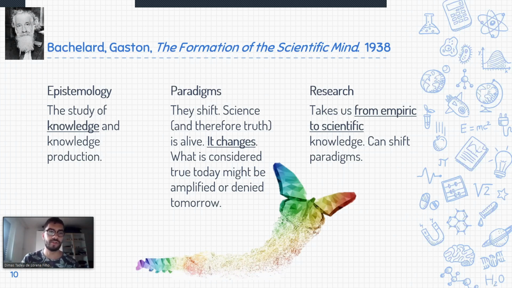So what is considered true today might be amplified or even denied tomorrow. A very simple example we have is the flat earth thing. So that was considered scientific truth until someone showed it was not. But there are more subtle things. So for example, the whole notion of Newtonian physics is still true. The three laws of Newton can still be applied and are still used for engineering.